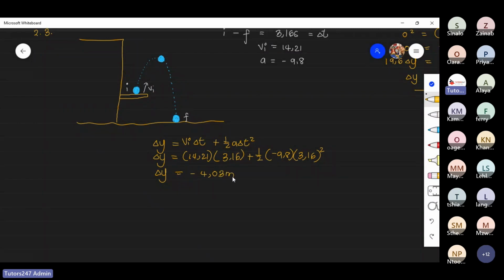But we're not done with the question as yet. Keep in mind the question wanted to know what is the height of the balcony above the ground. When we are referring to height, we just use a magnitude only. We do not use a sign. So we can then say, therefore, the height of the balcony, so we can refer to it as delta Y if we want to, or we can replace it with h, is equal to 4.03 meters above the ground.